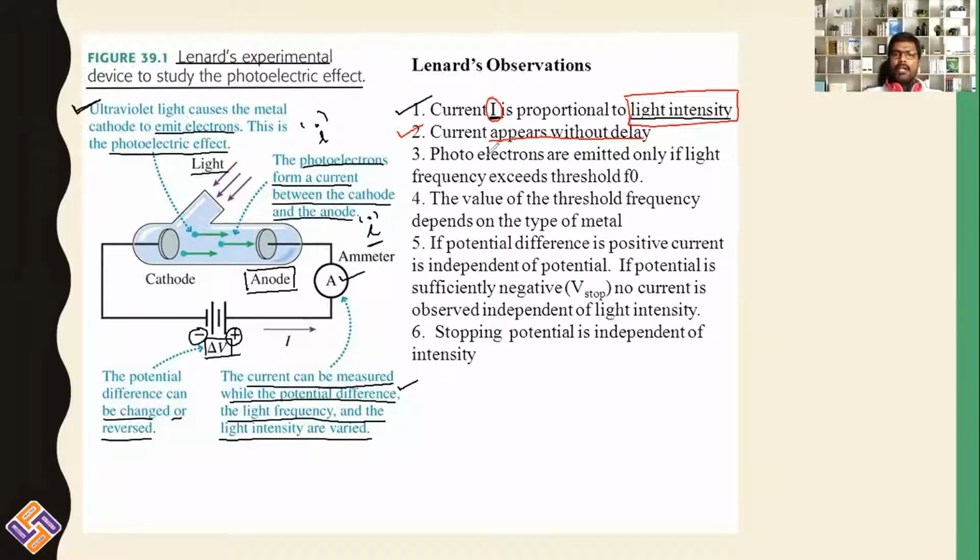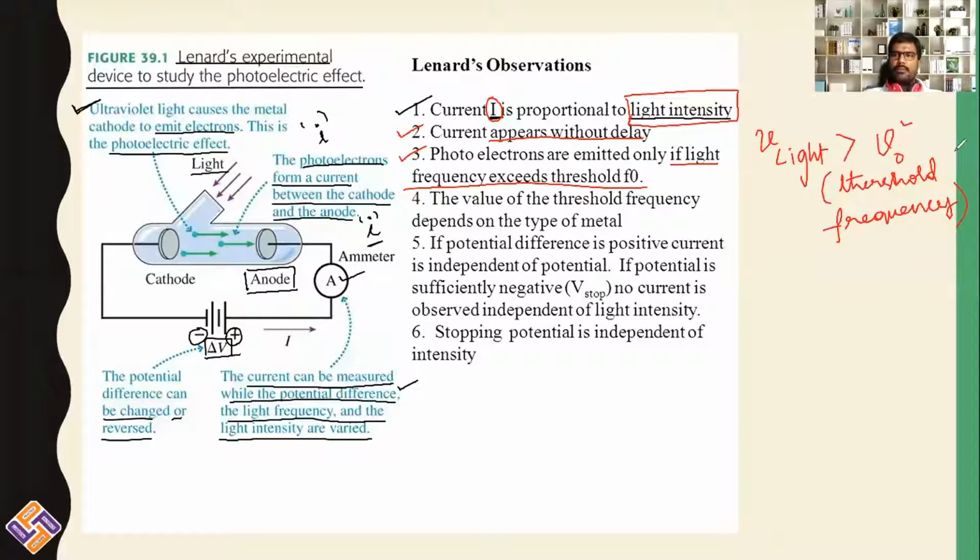Number three, photoelectrons are emitted only if light frequency exceeds the threshold frequency. Remember that the frequency of incident light should be greater than nu naught, called the threshold frequency. Threshold frequency is that frequency at which electrons are able to be ejected from the metallic surface.